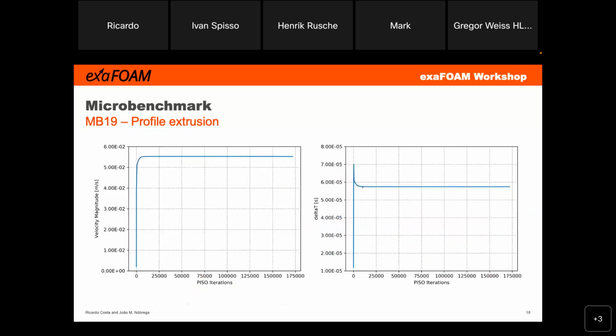And obviously, as I showed before, in this case, just to confirm that our maximum velocity in the problem converges to some value, and as a consequence, our delta t is reasonable and also stagnates at this value.